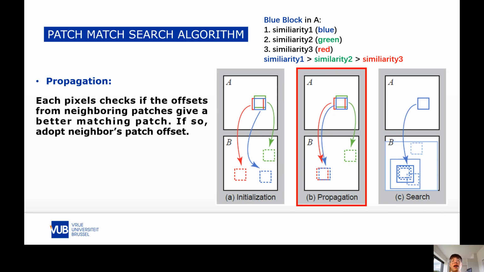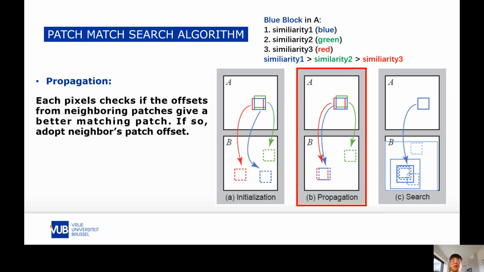Then compare the similarity between the blue block in A and the green and the red blocks in B. Here, similarity means the lowest distance, and then record it as similarity 2 green, similarity 3 red. Compare similarity 1, similarity 2, similarity 3. Which block in B is most similar to the blue block in A?